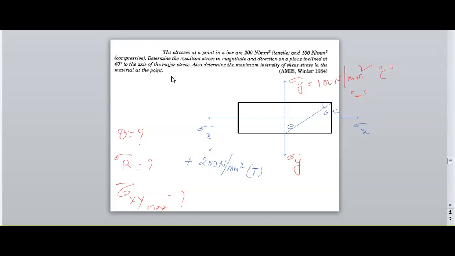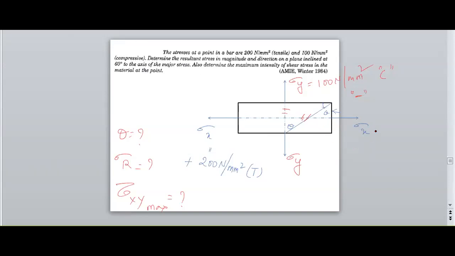This is the first case. So here we have two axes. Along the sigma x we have one axis, along the sigma y we have another axis.